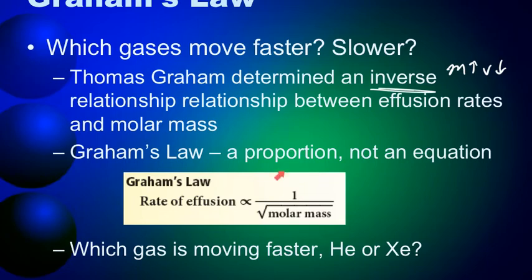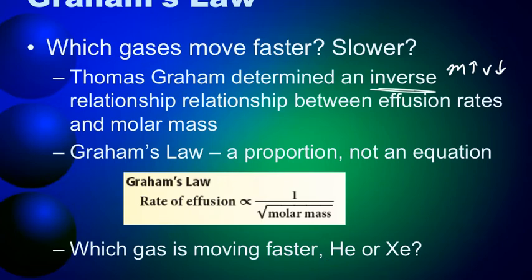And he figured out that the rate, this comes from the equation for kinetic energy, is actually what we're doing here. This little symbol means proportional to. The rate of effusion is proportional to 1 over the square root of the molar mass. So without having to do any real thinking here, we can figure out which gas is moving faster, helium or xenon.